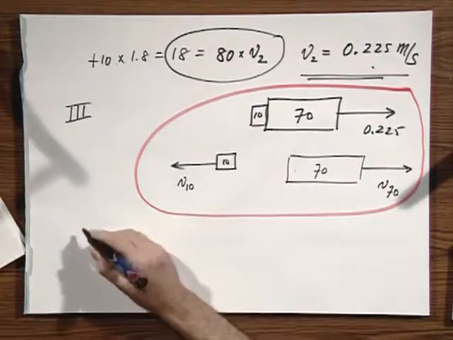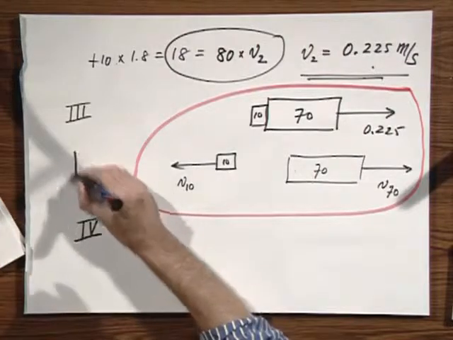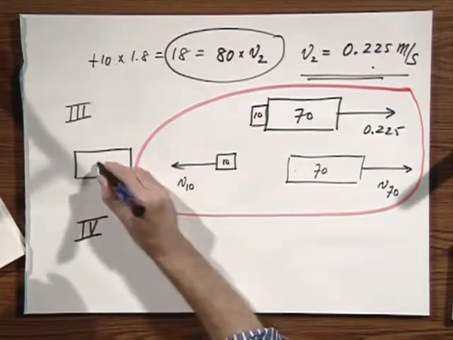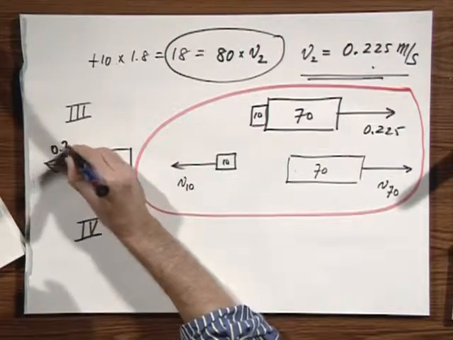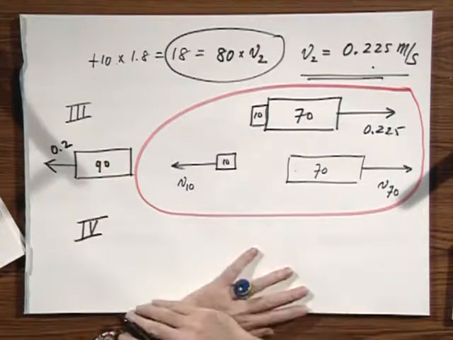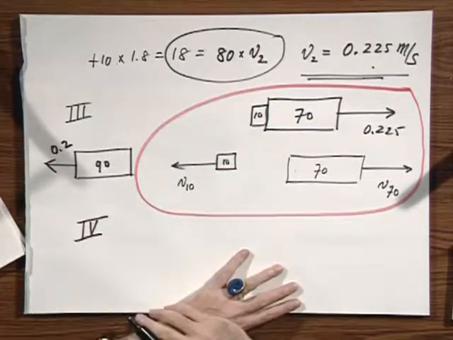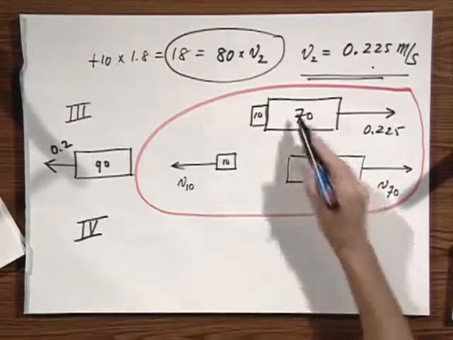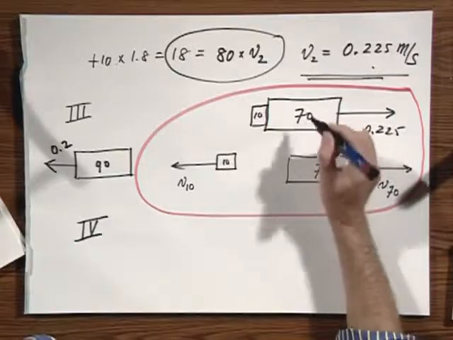And then of course you have to go to phase 4, because now here you are with your 90 and you're going back. I believe it was 0.2 meters per second. And so now when this one hits you, then of course you'll have to again use the conservation of momentum. I mentioned here that all you have to do is use the conservation of momentum. That's not true.